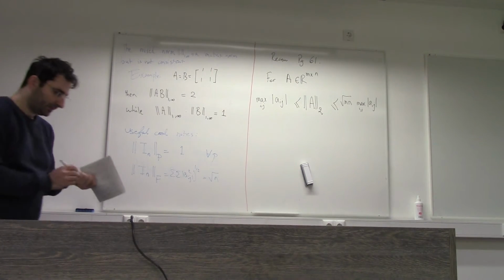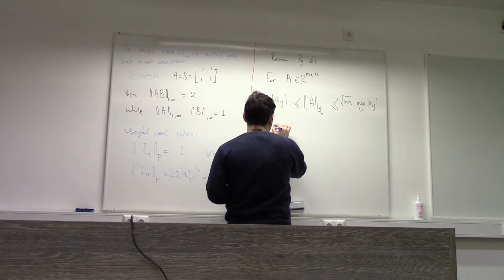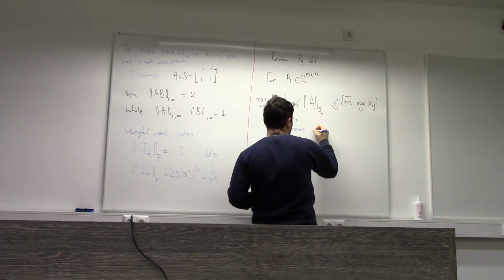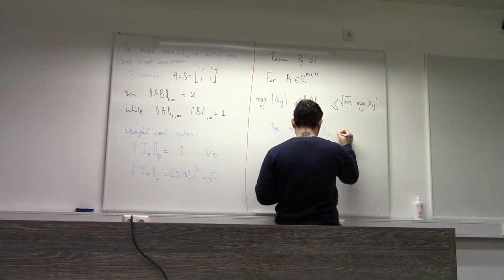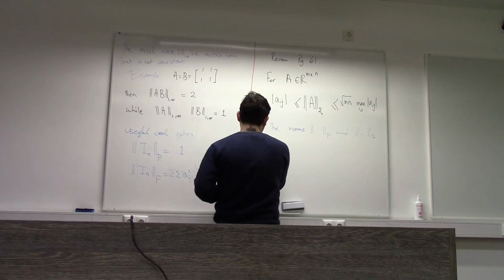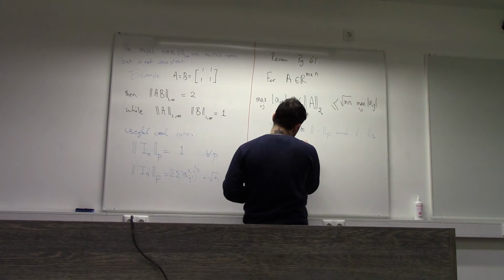And one final property. The Frobenius norm and norm 2 are unitary invariant.